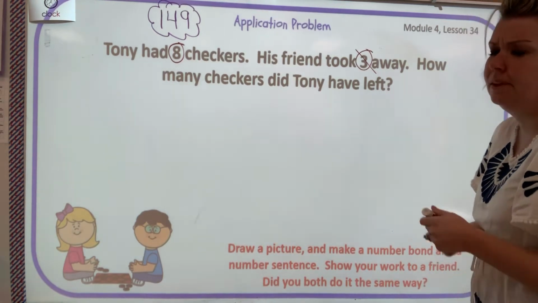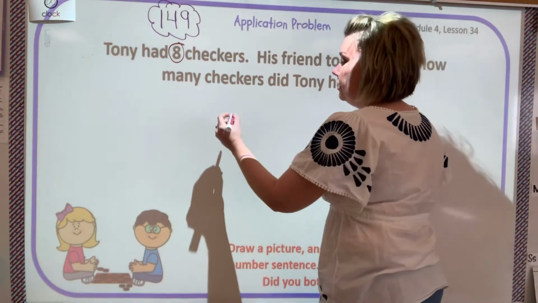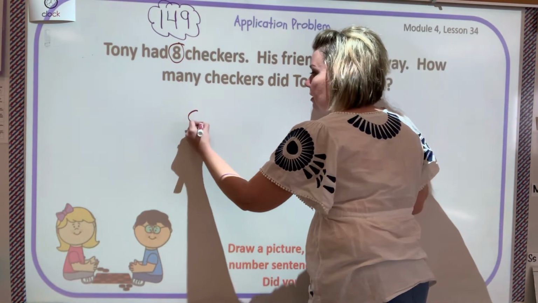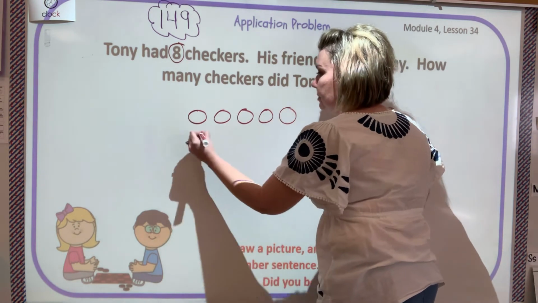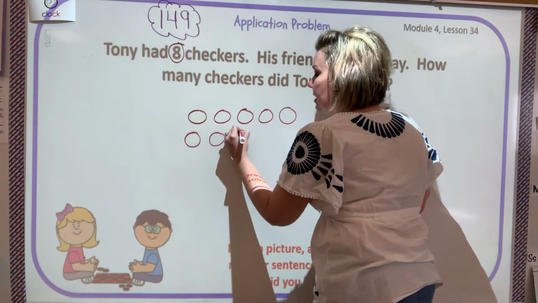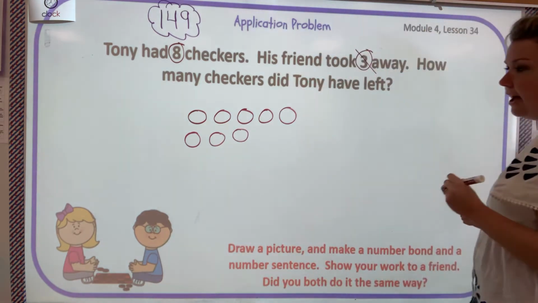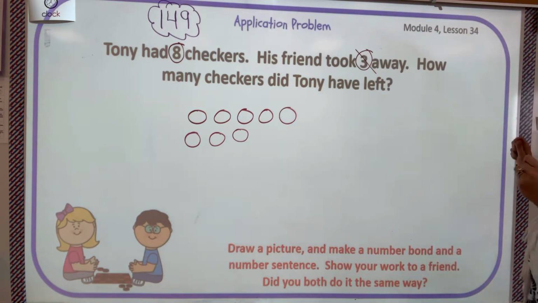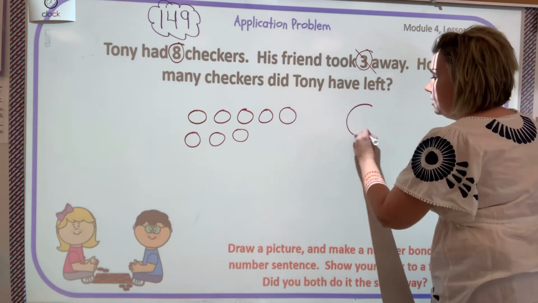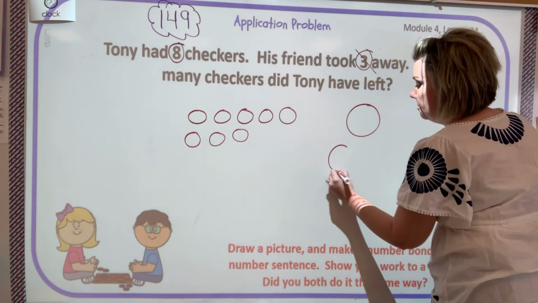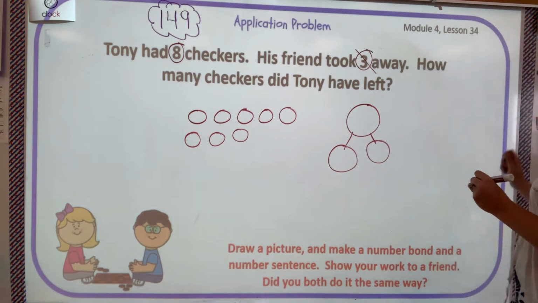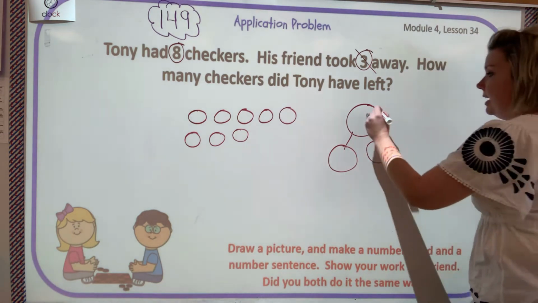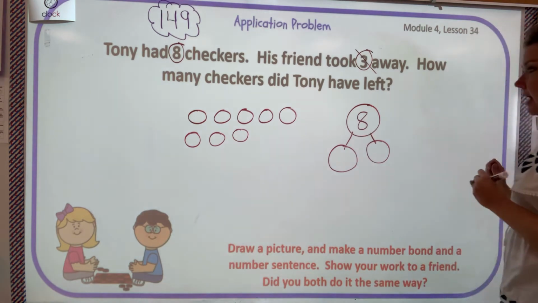Okay, I'm gonna do it too. Tony had 8 checkers. I'm gonna draw mine the 5 group way because that helps me keep things nice and neat and know how many I have. So I can draw a number bond. My whole is 8 because that's how many checkers I have.